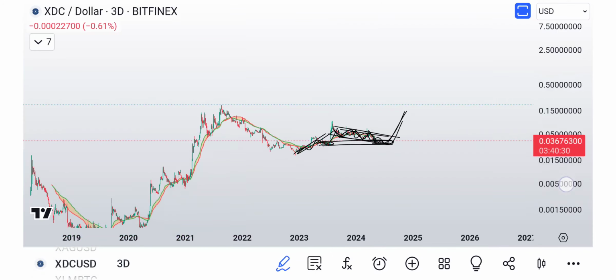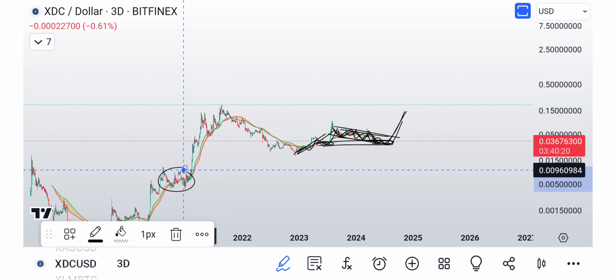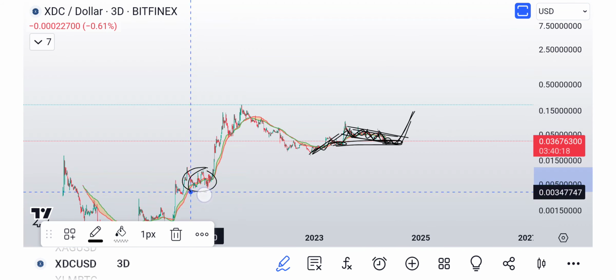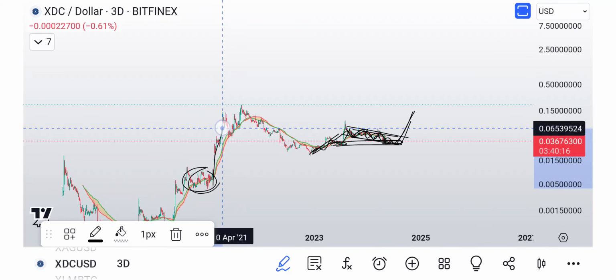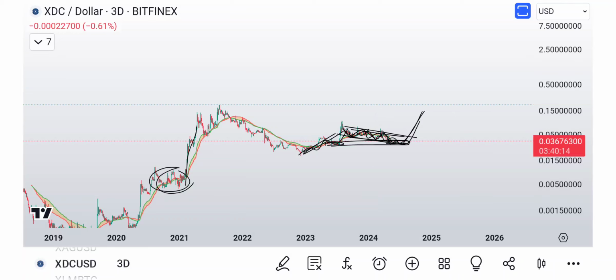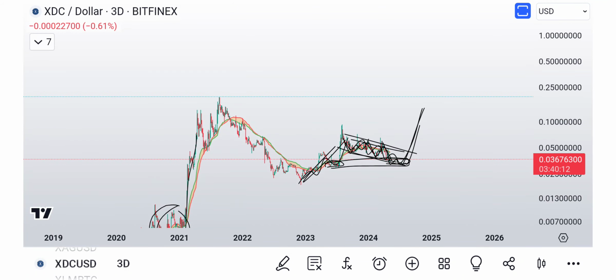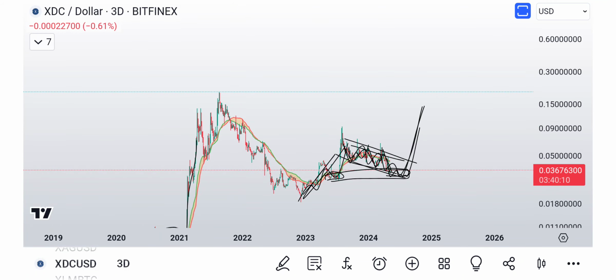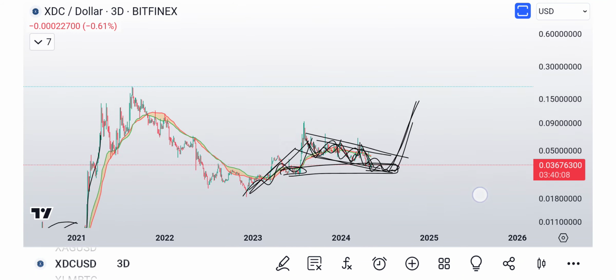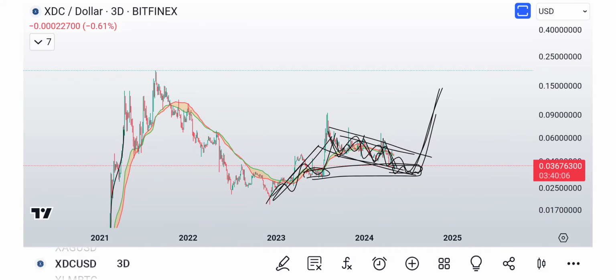I remember back over here, somewhere over here, I traded this move, and then I just never messed with it ever since. I know it's big with the XRP community, but we'll see about that.